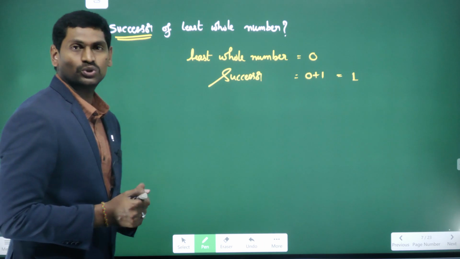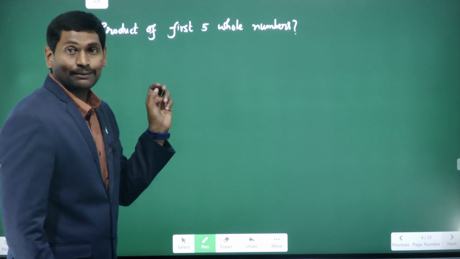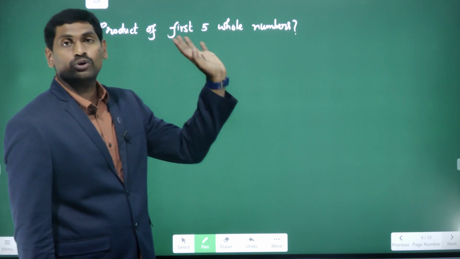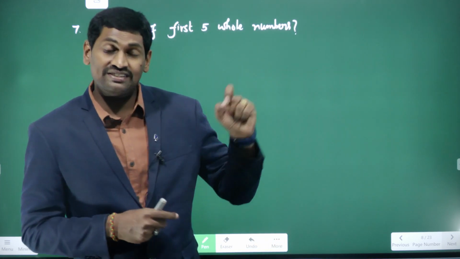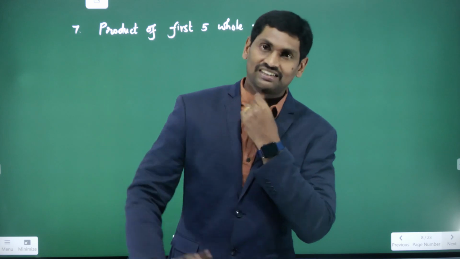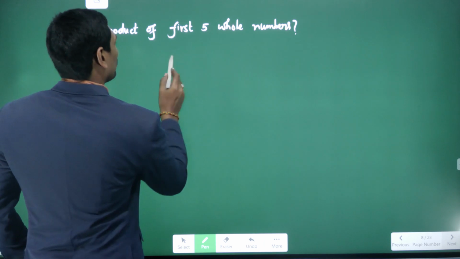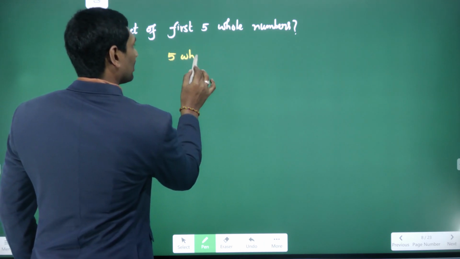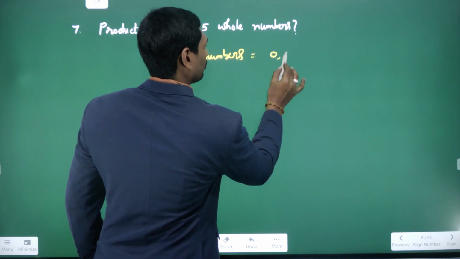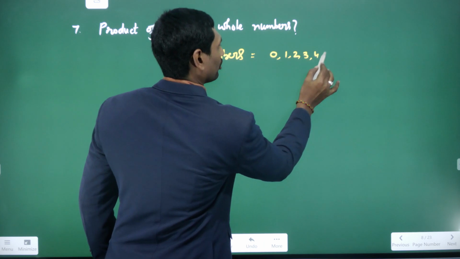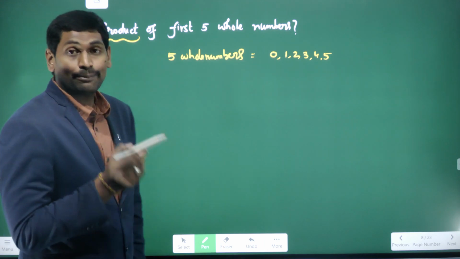So let us move on to the next problem. The product of the first 5 whole numbers. Without doing the actual multiplication, we can say the answer, because the question is of that kind. First of all, let us write the first 5 whole numbers. The first 5 whole numbers are 0, 1, 2, 3, 4. We need to find the value of their product.